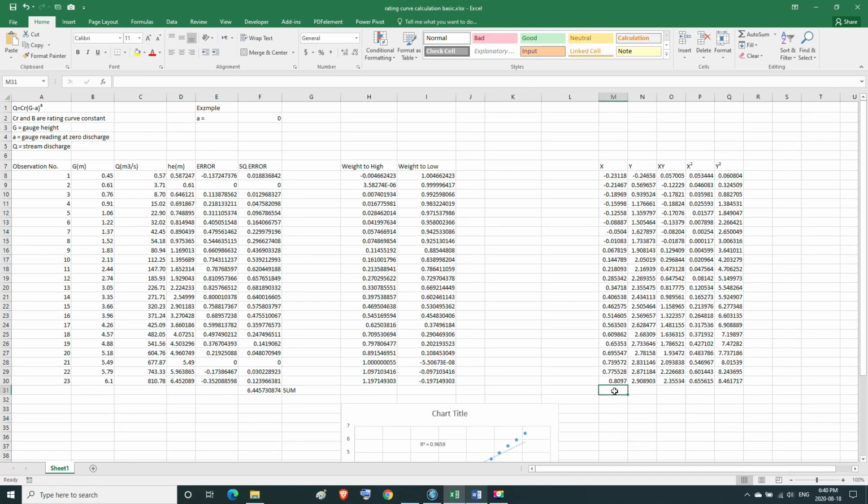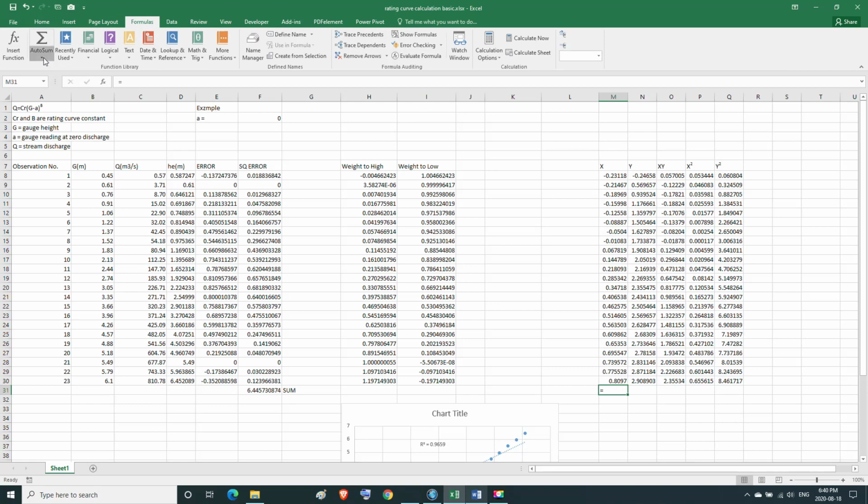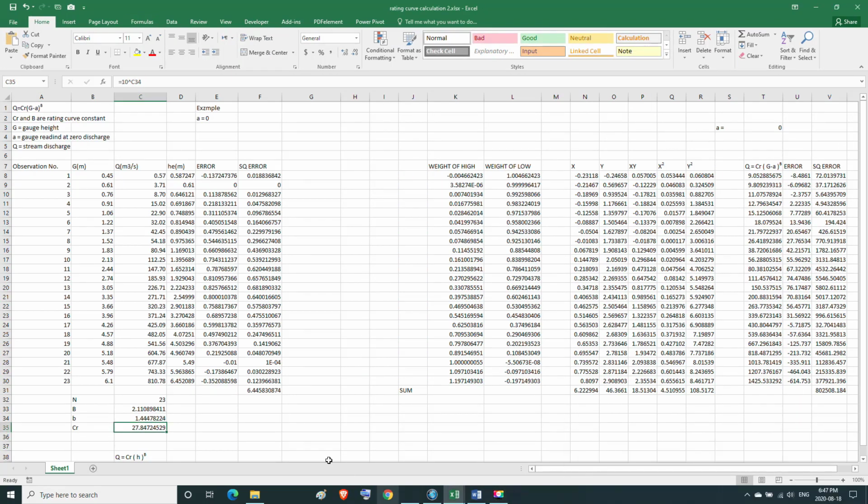Then we calculate the sum of these values as we see. Now we calculate the parameters for the relationship equation between the discharge and the gauge height, as follows.